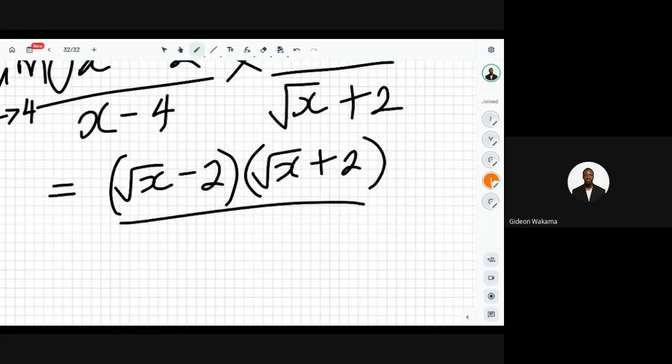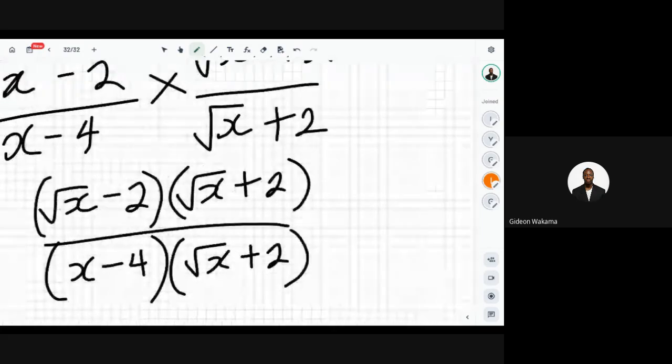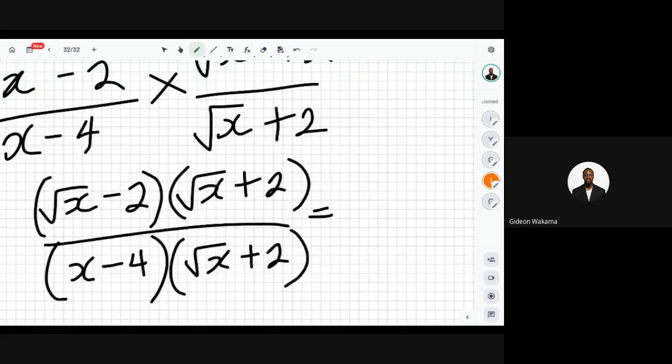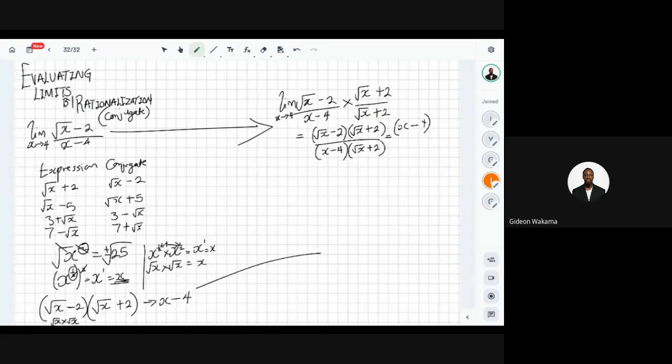And then the denominator will be x minus 4 times root x plus 2. We're getting there. So now the numerator would be just x minus 4. I hope you understand how we got that to be x minus 4. Look here. That's what we did.